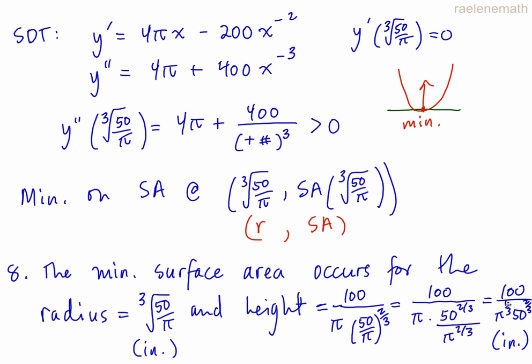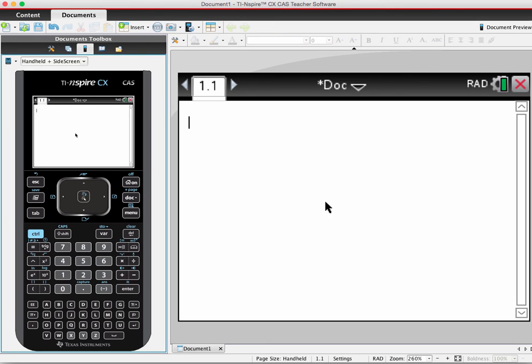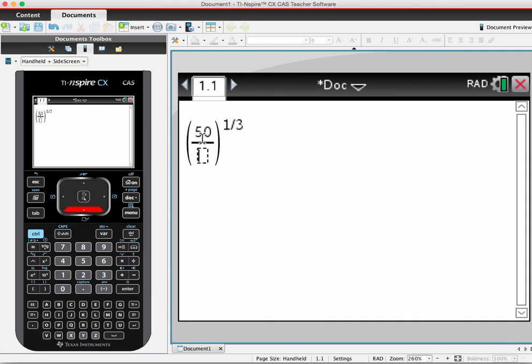So we should just confirm numerically to see that those are actually the values that we got by using technology. So if we go to a program, we can approximate the cube root, which is 50 over pi raised to the 1/3.